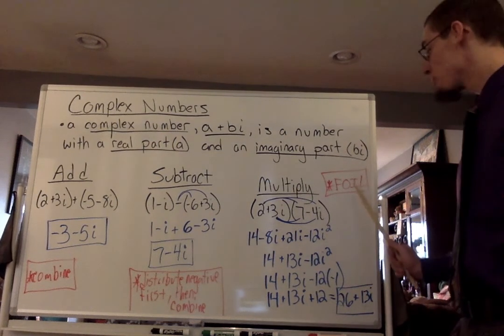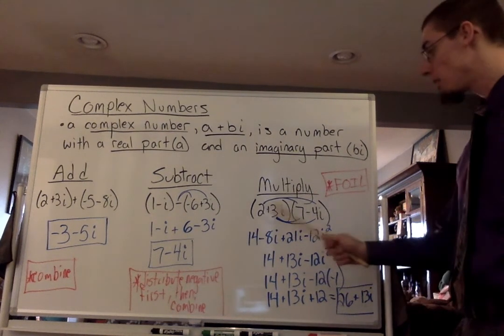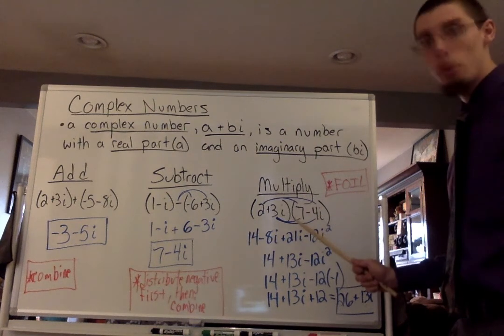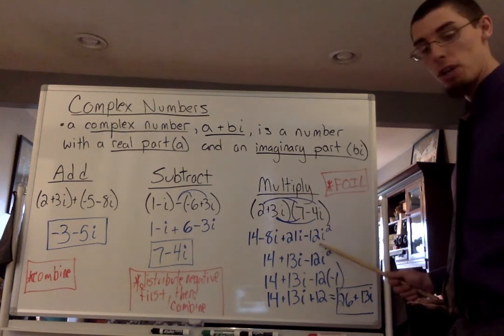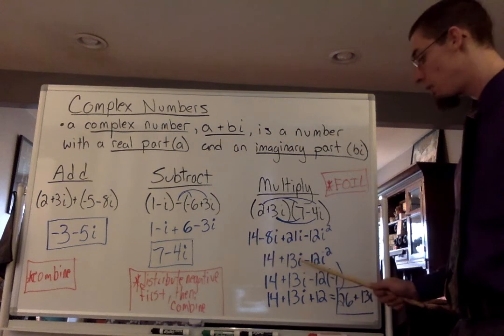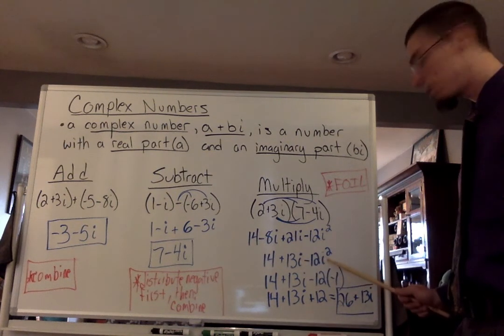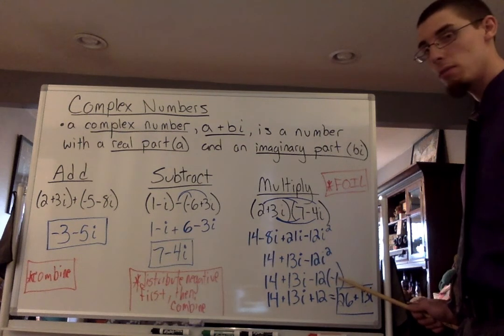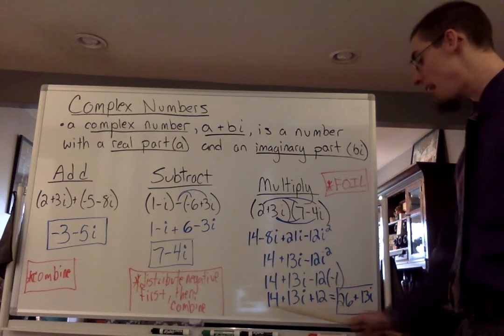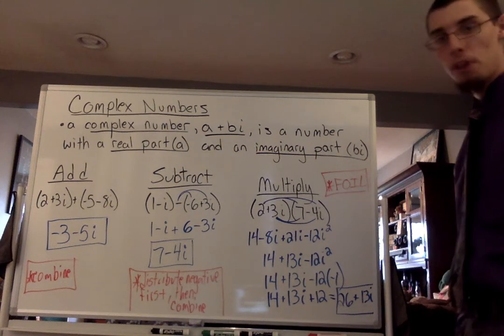We go through the FOIL method, or really we just distribute, like you would any normal problem like this. You get 4 terms, combine like terms, take your i squared, change it to a negative 1. After you do that, combine again, you get 26 plus 13i.